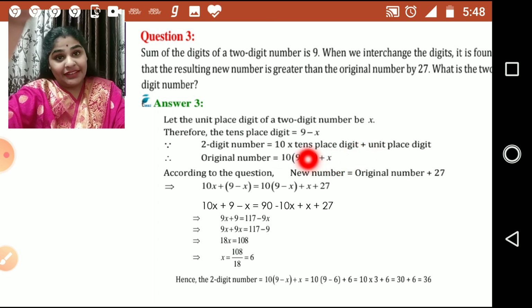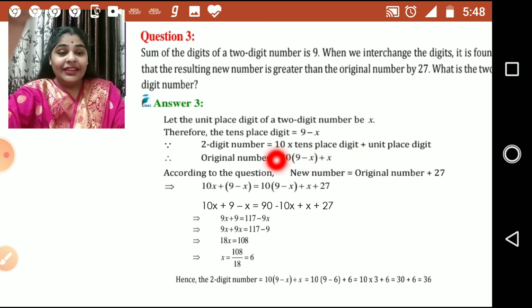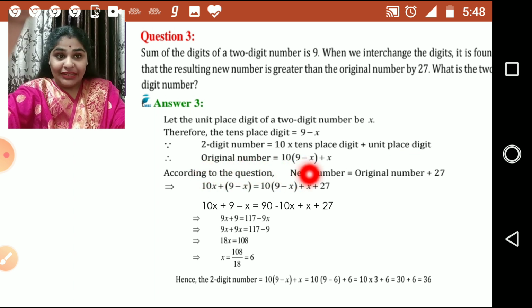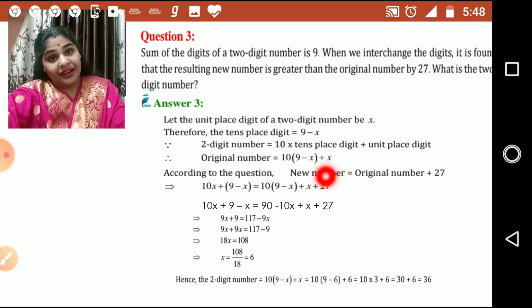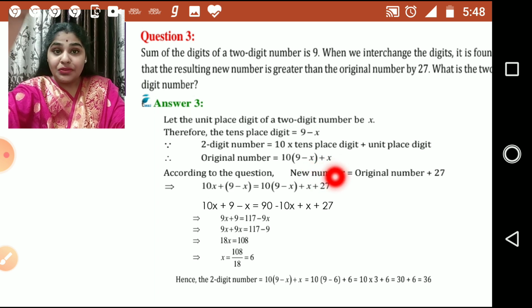This we have seen in place value, right? So 10 into tens place digit plus units place digit. So the original number is 10 into 9 minus x plus 1 into x, which is just x. So we have written here just plus x. I hope you understood how we got the original 2-digit number.